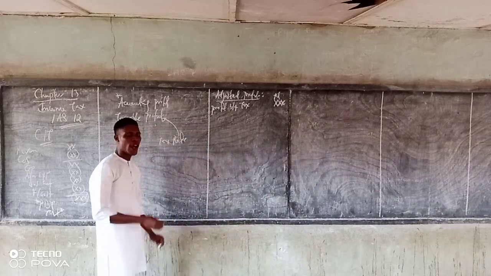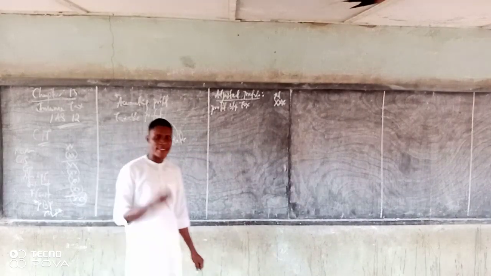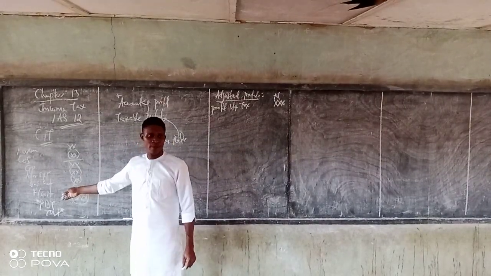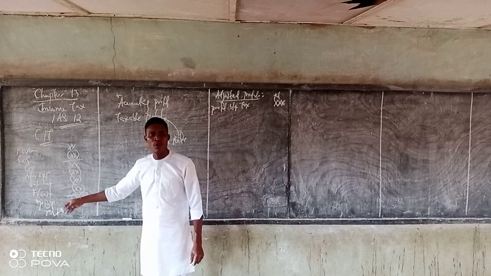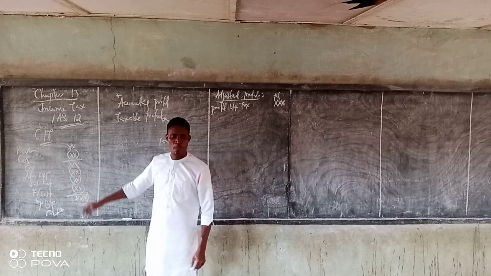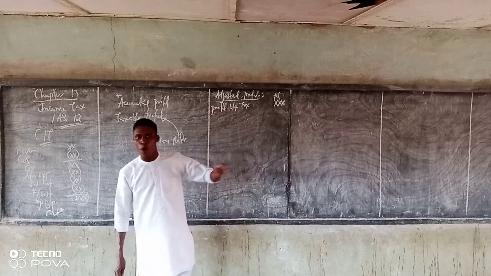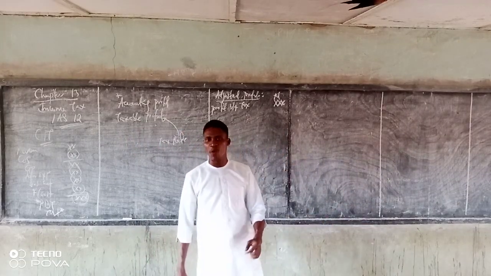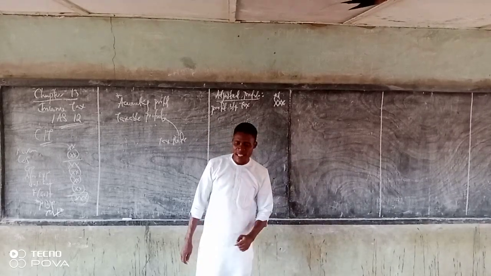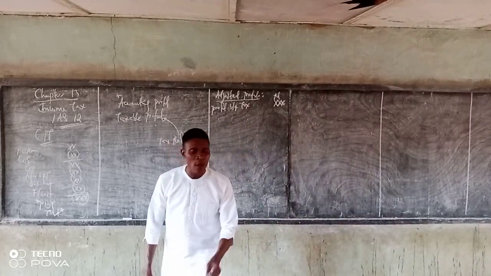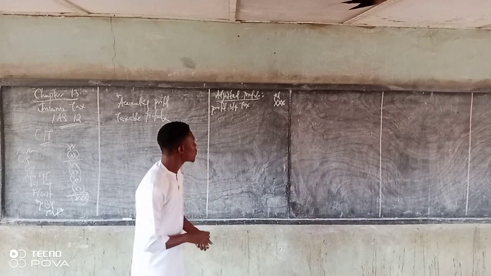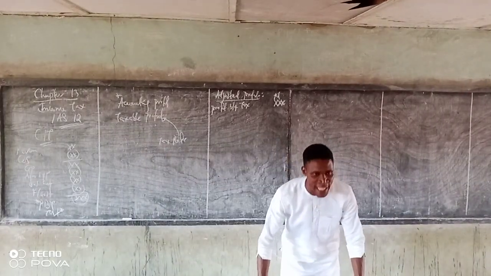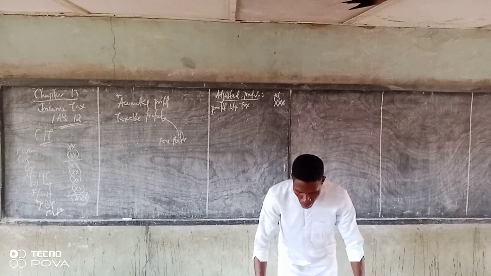The next thing you have to consider: there are some expenses that, in line with accounting standards, are allowable to be deducted as expenses. But if the same expenses come under tax law, they are not allowed. Such expenses, you must be able to identify them, those expenses that are not allowed in line with tax law in your jurisdiction. So you add them back. Number one: add back inadmissible expenses.